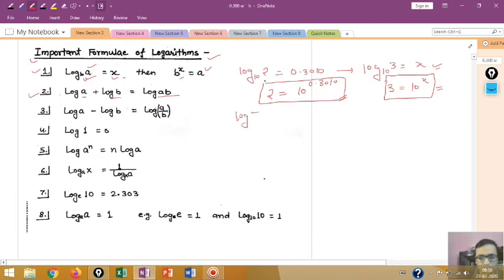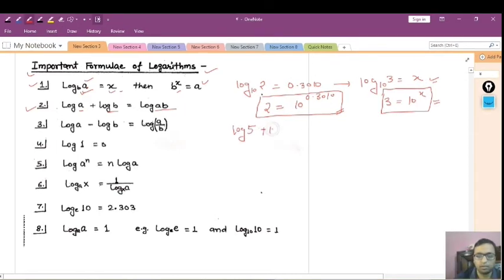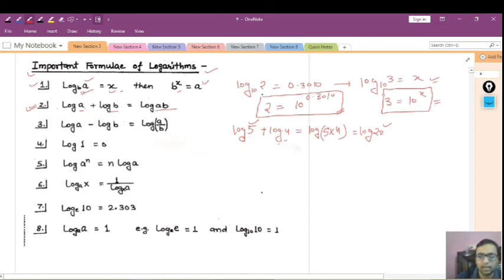For example, if we have log 5 plus another number, say log 4, then it can be written as log 5 plus log 4 equals log 20, or you can say log of 5 into 4, by the property of logarithms. Suppose somehow you get the value of log 5 and log 4 also, then if you add both the values, it will be equal to log 20.